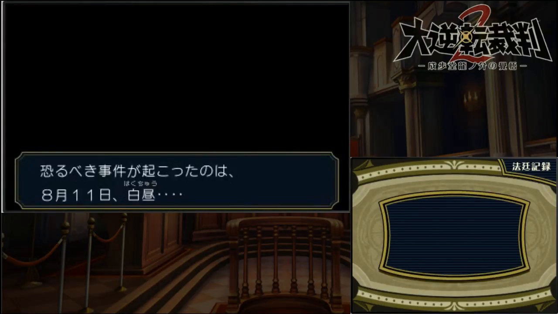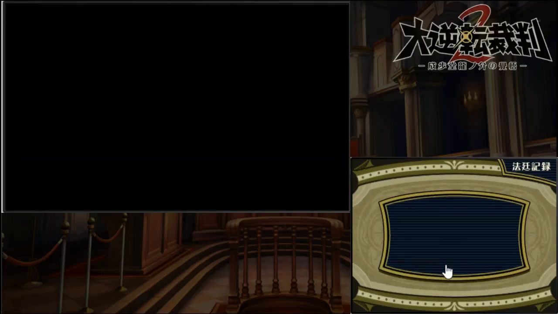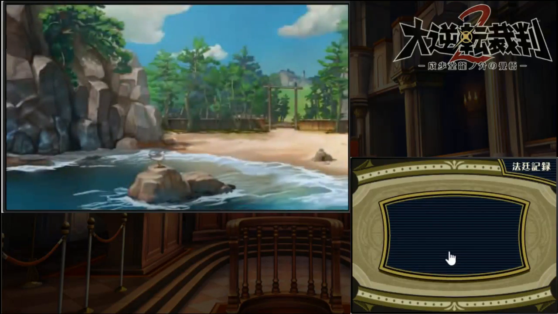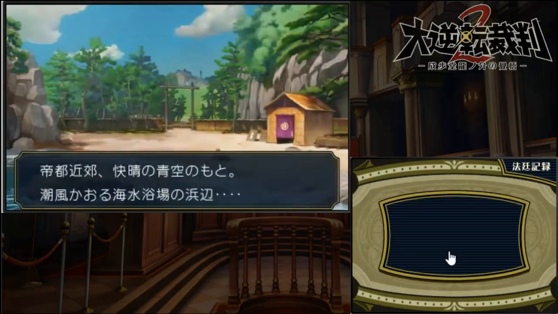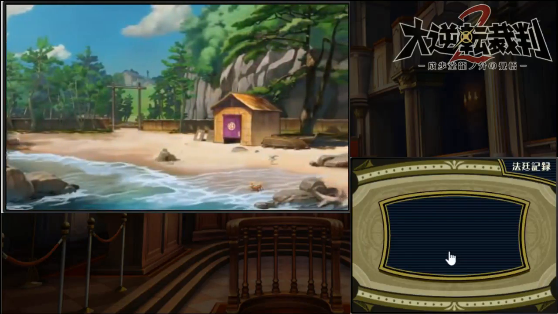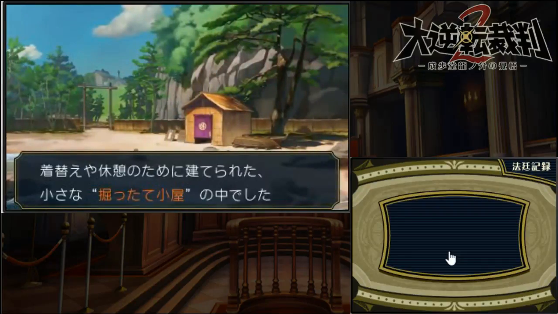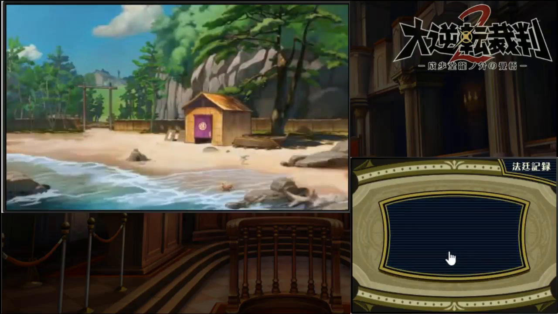This horrifying murder happened midday on the 11th of August. It took place at a seawater bath near the capital on a cloudless day and the air tinged with salt. Specifically, it occurred inside a small bathing hut used for the purpose of changing clothes and a place to rest.